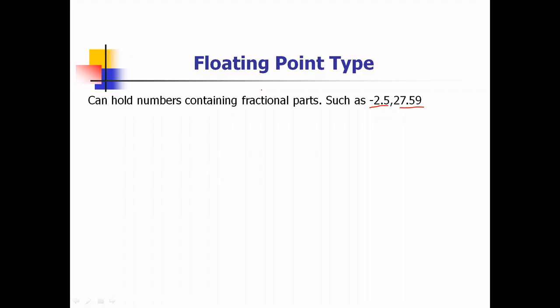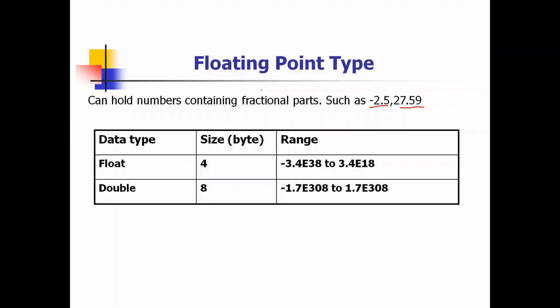Floating point type also has two different subtypes. The first is float, and the second is double. Float has the size of 4 bytes, and the values which can be stored in a float variable are -3.4 e to the power 38 to +3.4 e to the power 38.